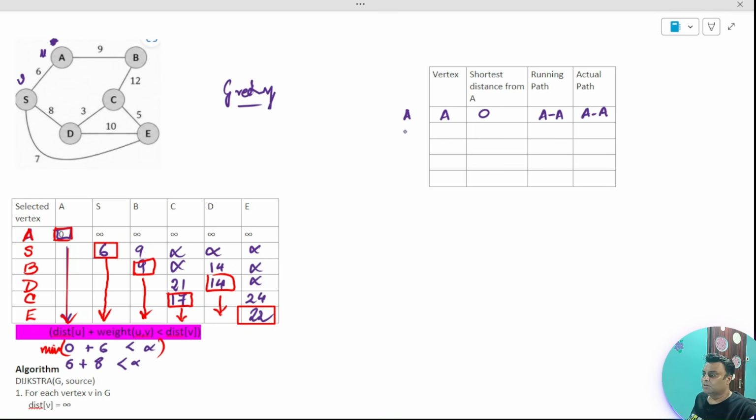Don't worry about it. From A, if I want to go to S, I'm just taking it sequentially as it is appearing, right? So from A, if I want to go to S, then my shortest distance, if I see this column, then this is 6.